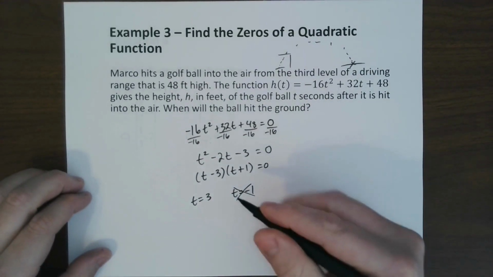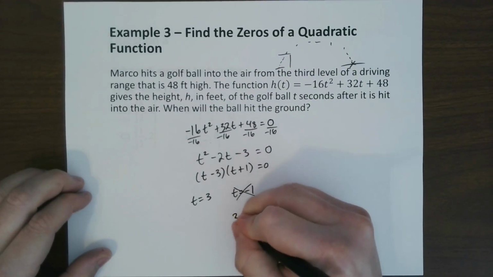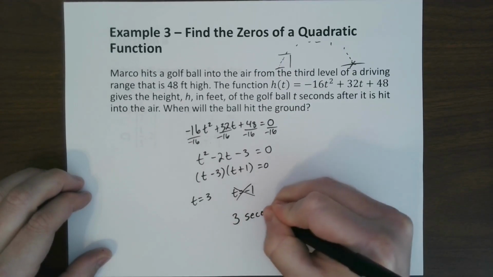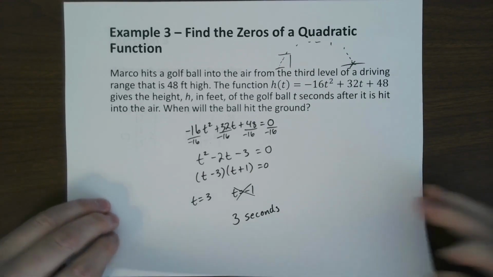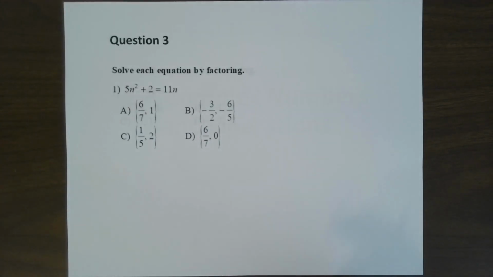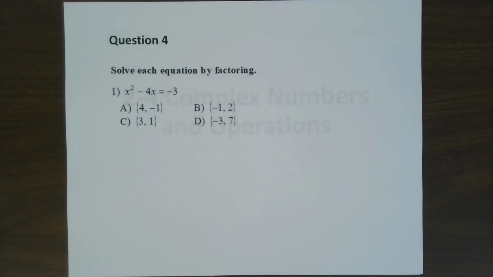Since t is seconds, we say our answer is it takes 3 seconds for the ball to hit the ground. Go ahead and try this problem.